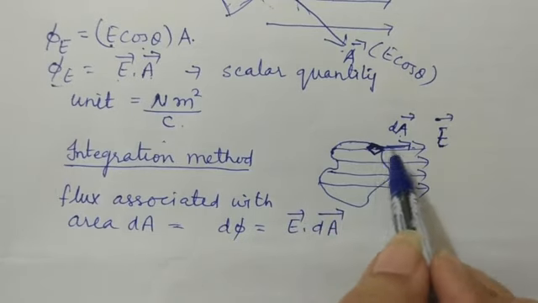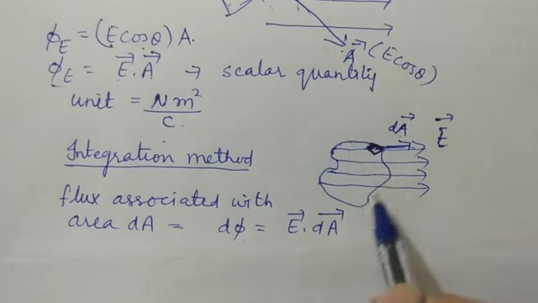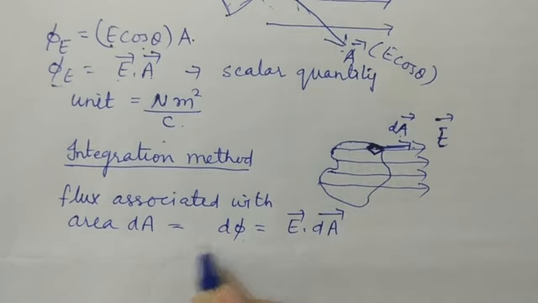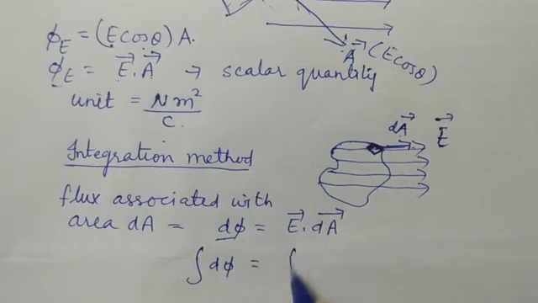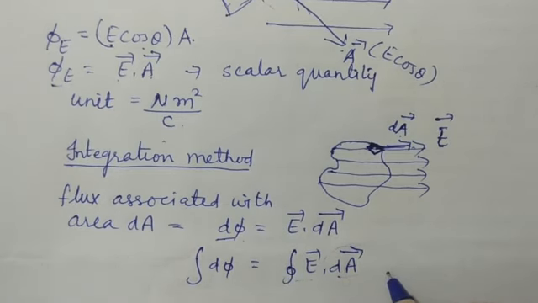Now to calculate this flux with the complete area, what we'll do is integrate this expression d phi, that is E dot dA, because here area is the factor with respect to which this is being integrated. So this is a surface integration. Surface integration means double integration. It will be integrated lengthwise and breadthwise both.